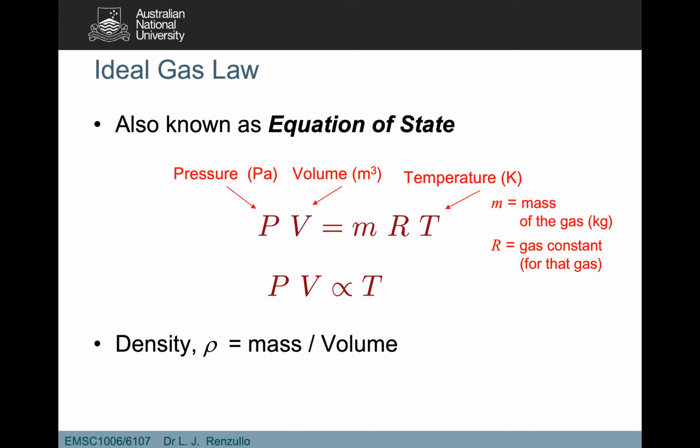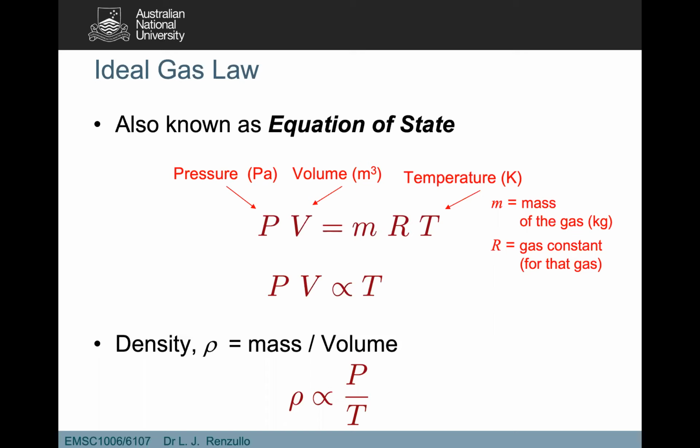You recall from earlier studies that the density of a material is equal to the mass of that material divided by the volume of space it occupies. So by taking the volume relationship and inserting that into the equation of state, we can write the density of a gas as proportional to the pressure of the gas divided by its temperature.